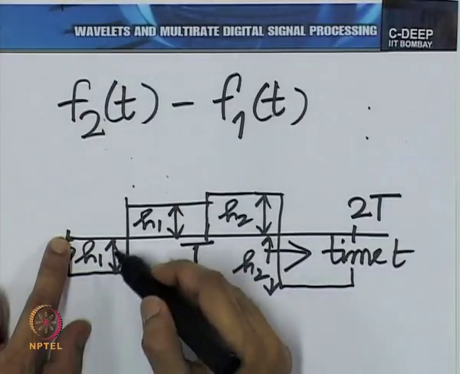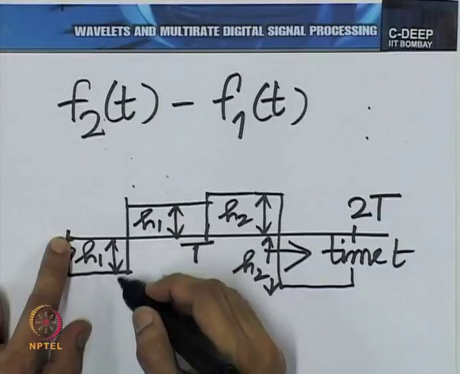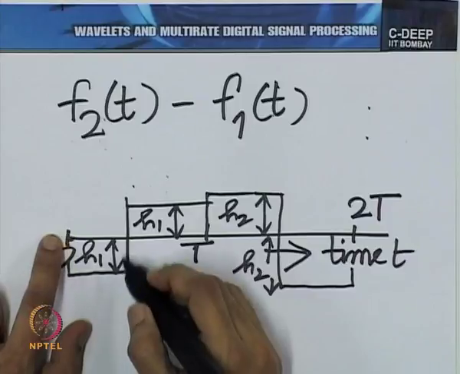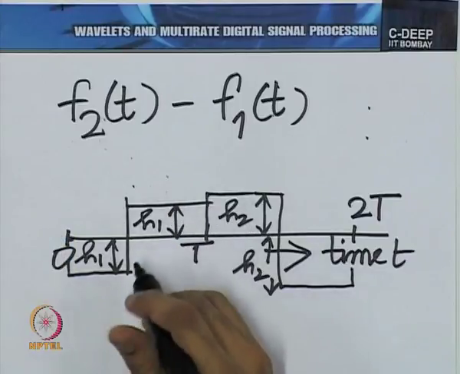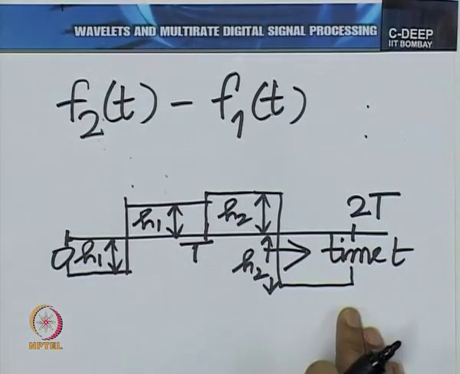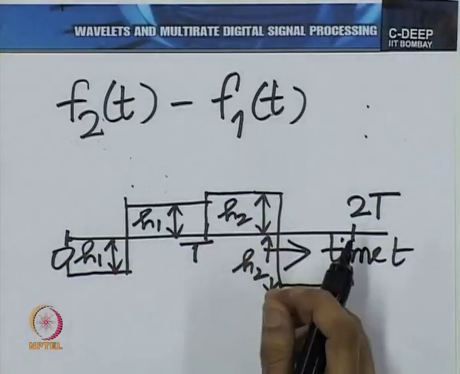Of course, h1 is an algebraic constant, it should be given a sign. Here, for example, h1 should be given a negative value, because we have started psi(t) with a positive 1 here and minus 1 after. Similarly, h2 has a positive value here.